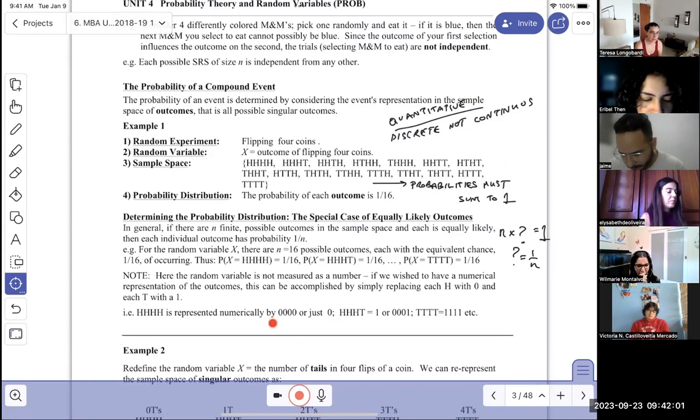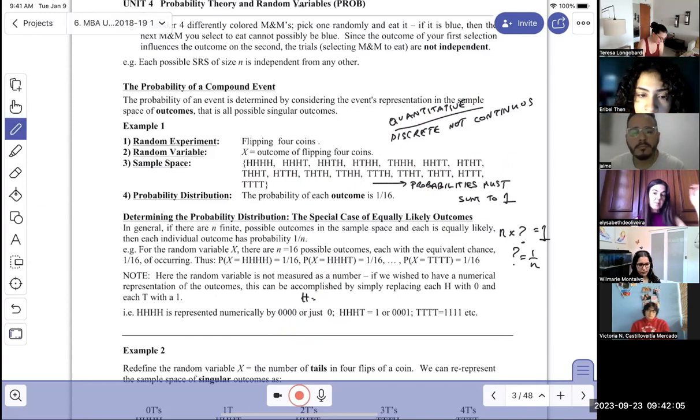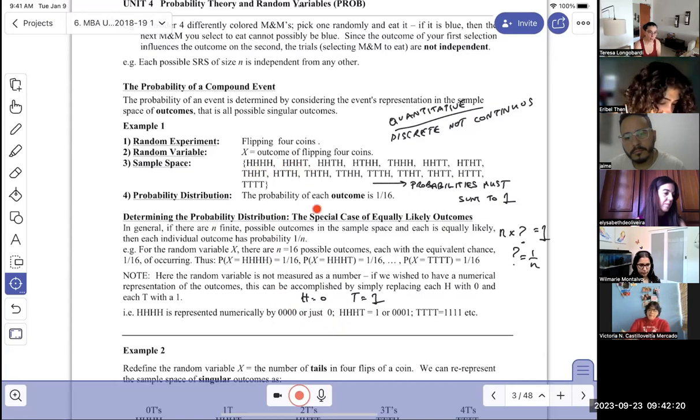Like I could assign H as 0 and T as 1, and this would be all zeros, or in other words, 0. And this one would be a bunch of zeros in front and then 1.